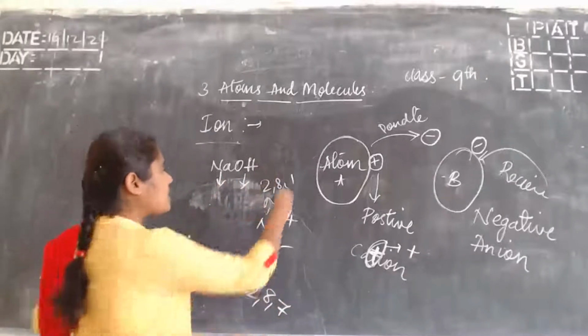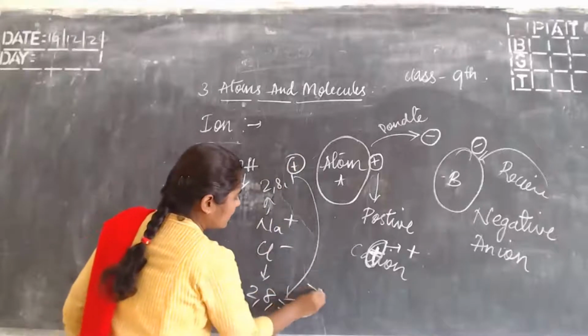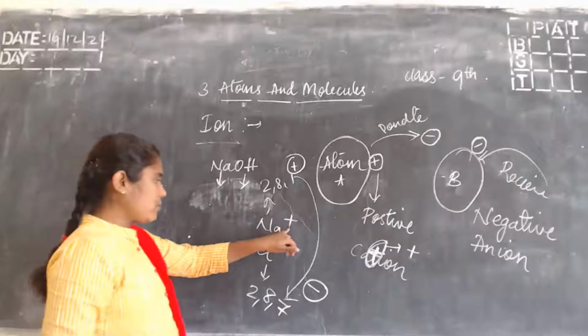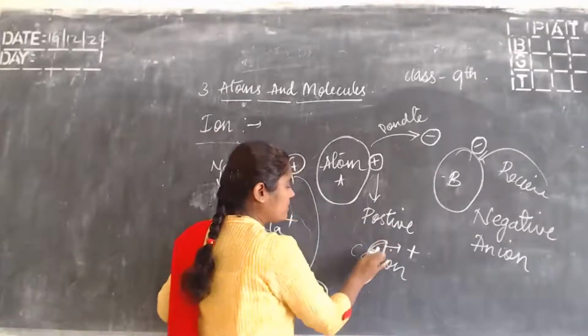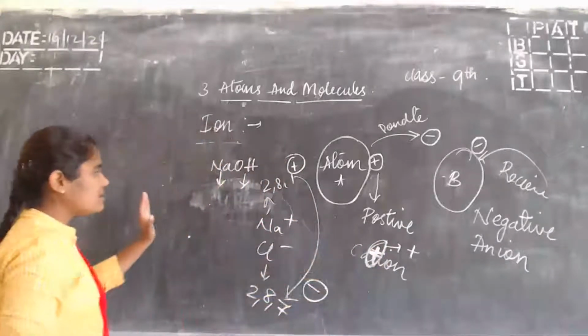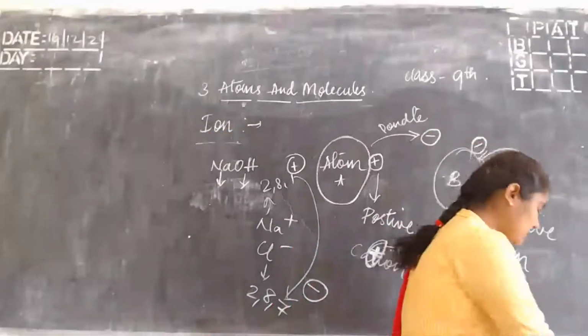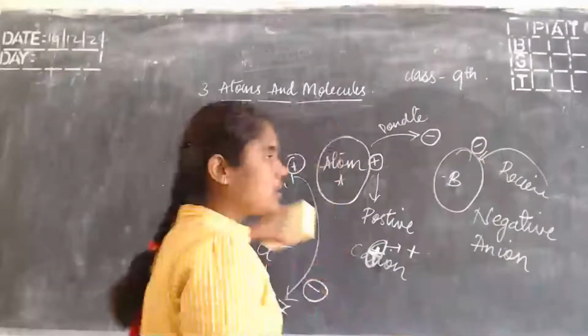Since sodium tries to donate, it becomes positive, and chlorine takes 1 electron, so it becomes negative. So we have seen all this formation. If it is positive, then it is a cation. How to remember? This is the positive symbol which is present in cation. So this is about the ions. I hope this ion topic is clear for you all.